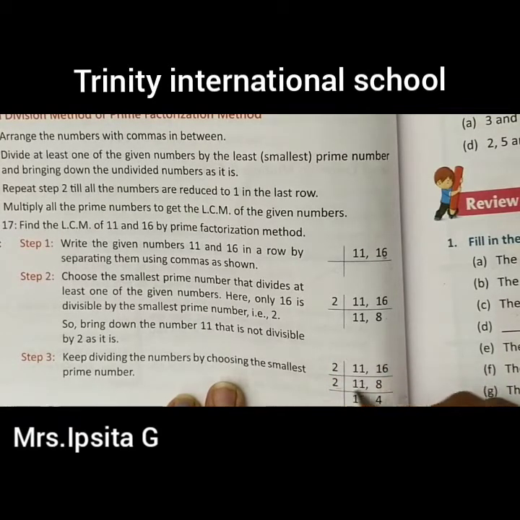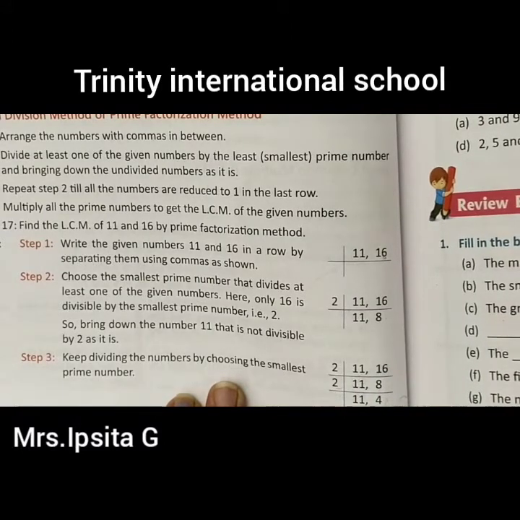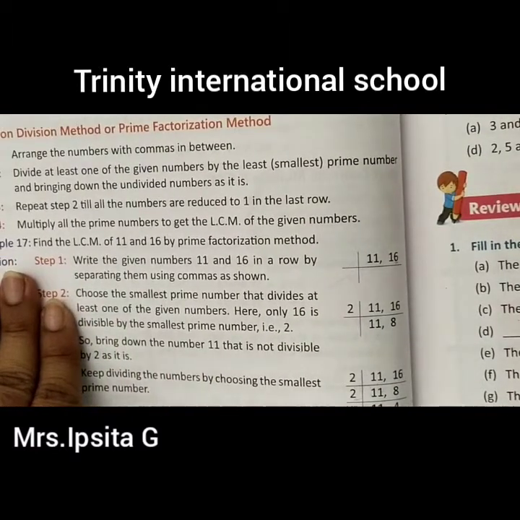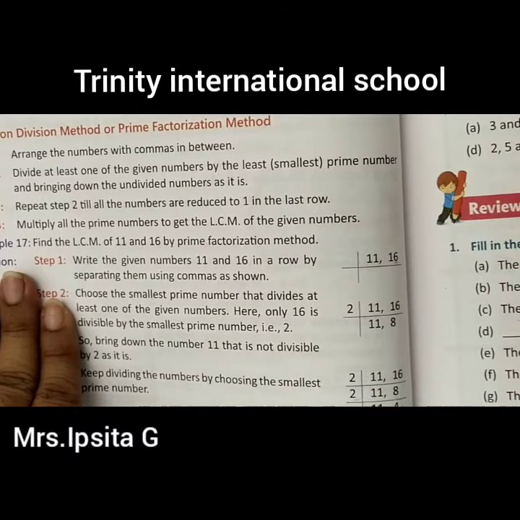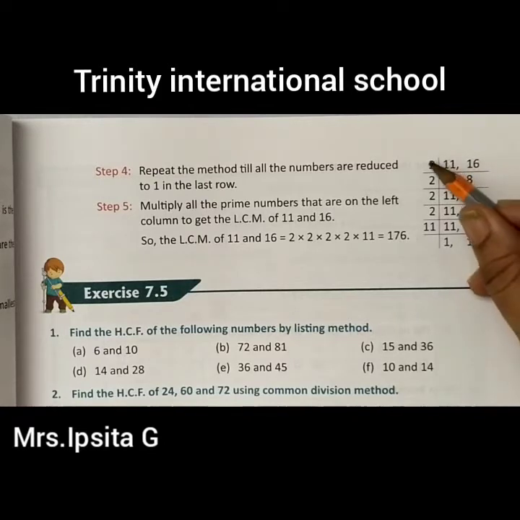So यहाँ पे क्या हो रहा है आपका, यहाँ पे जो दोनों नंबर्स हैं उन दोनों नंबर्स के फैक्टर हमें नहीं मिल रहे. सिर्फ एक ही नंबर को हम स्प्लिट करते जा रहे हैं, but 11 remains as it is, isn't it? So as we go for the prime factorization method, here what we did is we have only taken this number 16, and this number 16 can be split using the number 2.